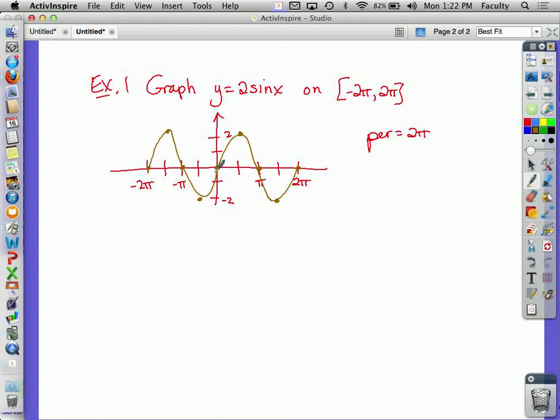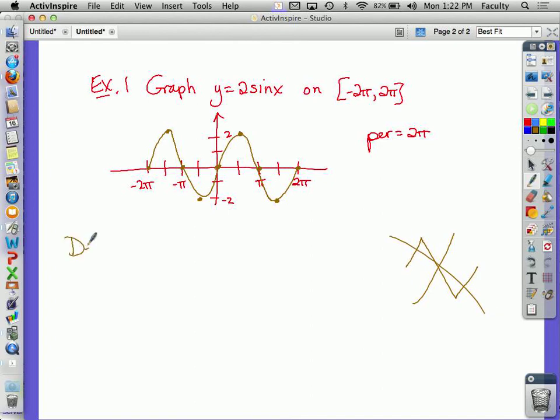Please make sure that at that amplitude, you don't have points, and what I mean by that is like a pointy V. Make sure it's a smooth curve. I've seen students over the years who do this. I'm like, that's not the graph. Okay, so don't do that.